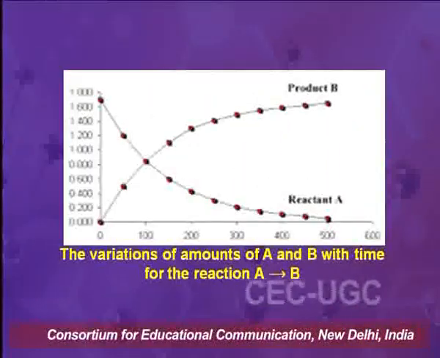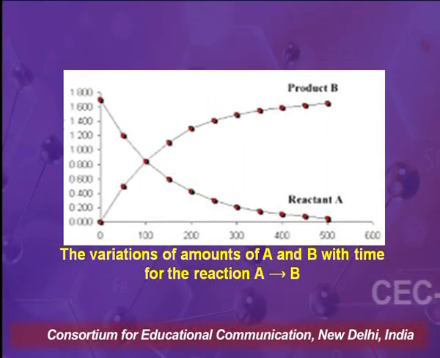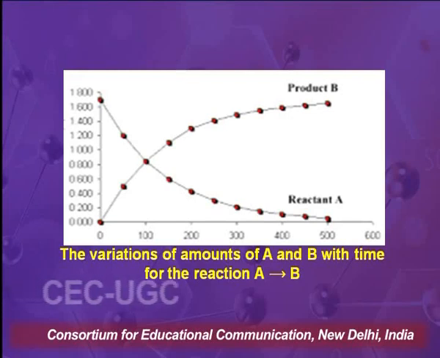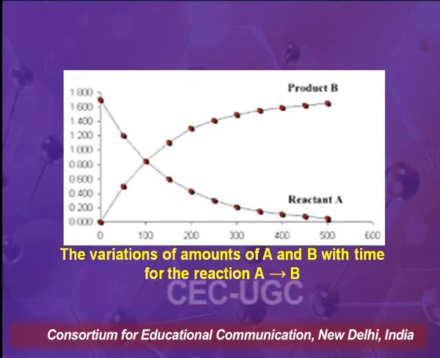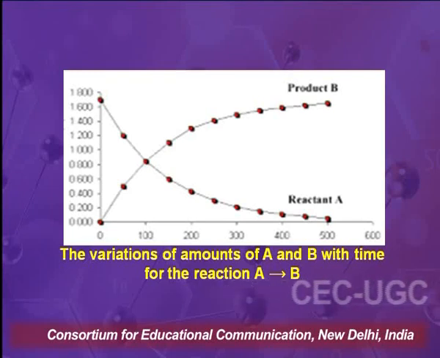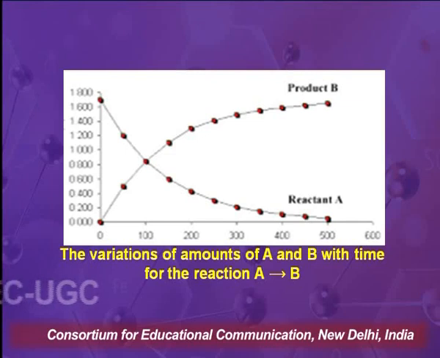The graph shows the variation of the amount of A and B with time for the reaction A gives B. We can see that the reactant concentration is decreasing with time, whereas the concentration of product is increasing with time.